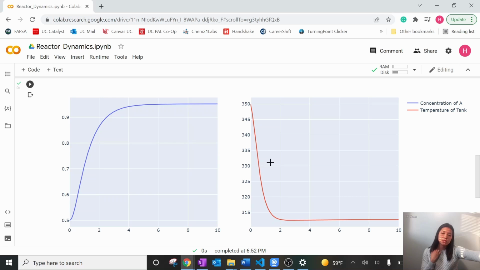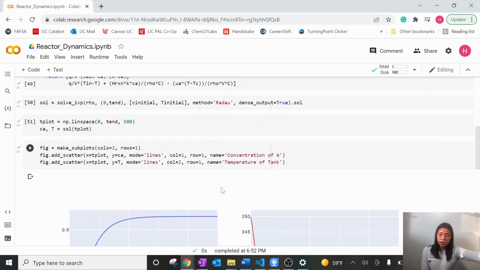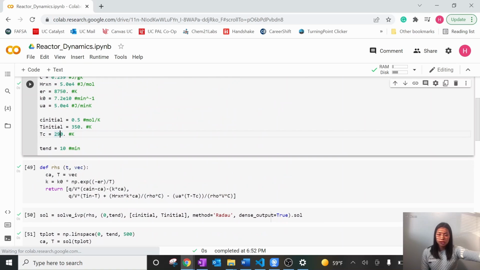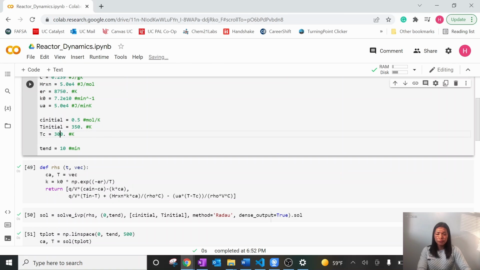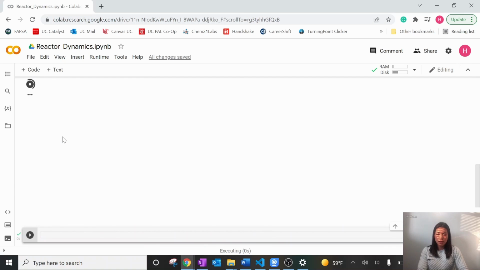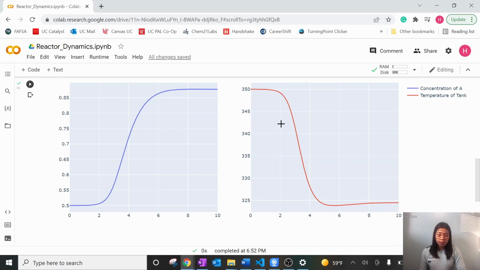Another thing we can notice about the simulation is they're almost mirrored over the x-axis here, and if we change the temperature, that mirror continues to be seen, and that's because as the temperature decreases, the concentration is going to increase.